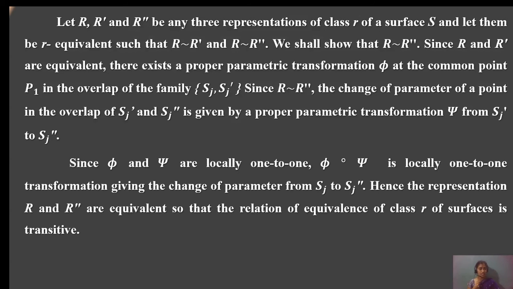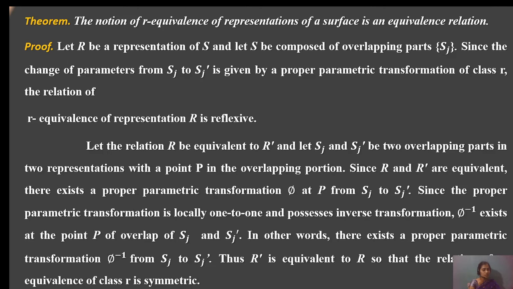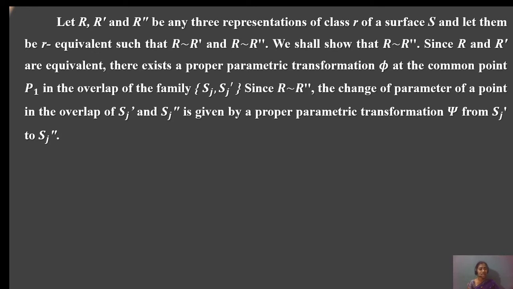Then, considering the transitive part, let R, R dash and R double dash be representations of the class R of the surface S. So R is similar to R dash as well as R is similar to R double dash. Hence R and R dash are equivalent.